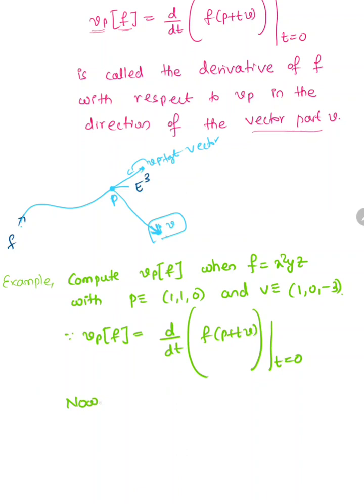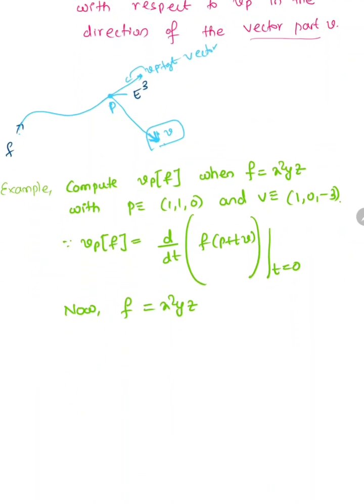Now f is equal to x square yz. P plus tv is equal to (1, 1, 0) plus t into (1, 0, -3). So this is equal to (1 plus t, 1, -3t).